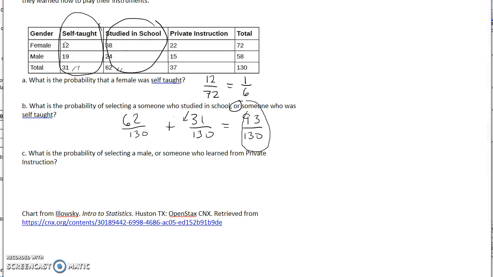All right, the last one, this is going to be the trickiest one that we're going to see in this table, but it says find the probability of selecting a male or someone who learned from private instructors. So what I'm going to do here is, when you take a look, we're going to find the probability of selecting a male, which is going to be 58 out of 130.